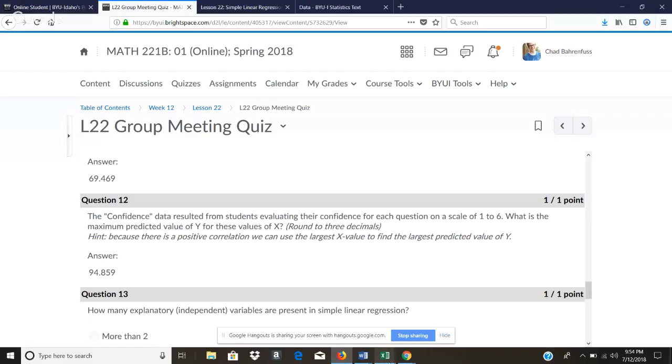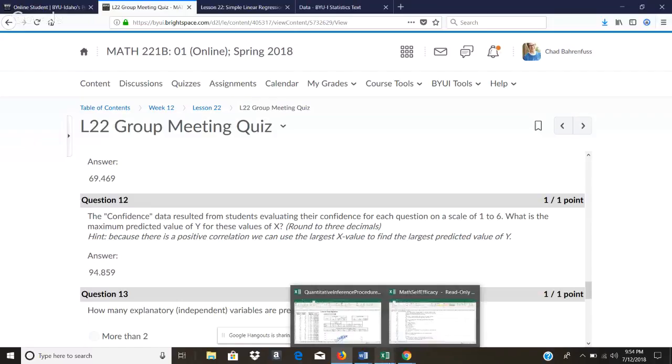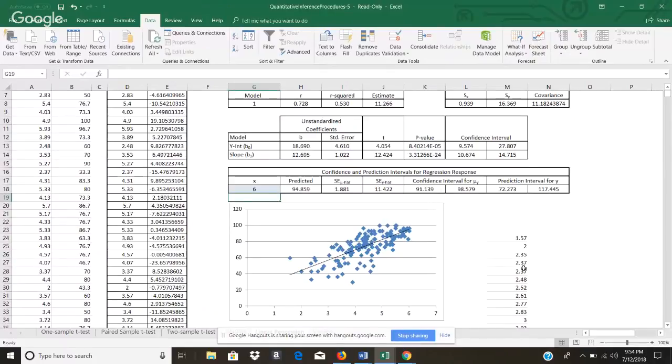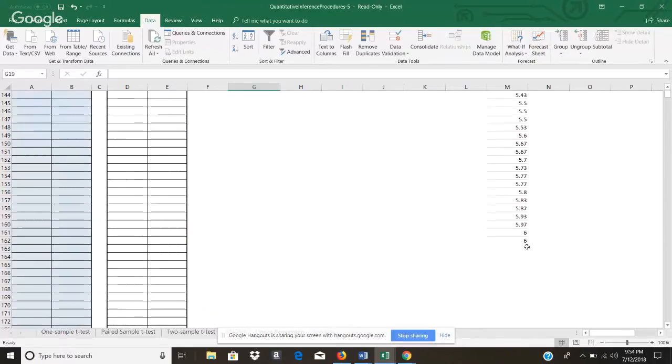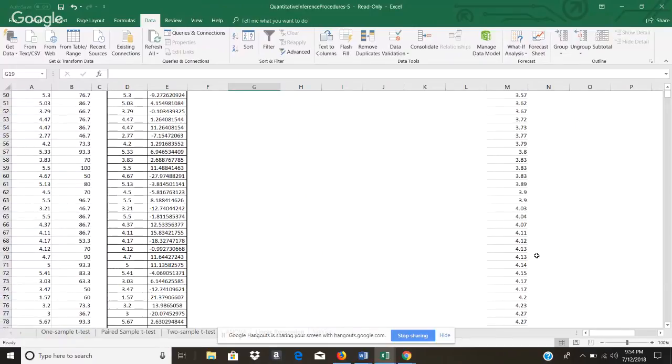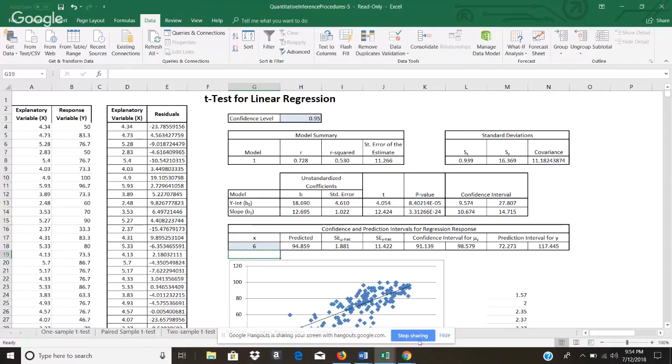What I actually did was interesting. I took the explanatory variable, the x variable, brought it down here and sorted it, went to the bottom, and found that the maximum value was 6, and that's when I plugged it in and got that answer. That's how I got 94.859. Oh. I wasn't sure how to do it, and then I looked at the question again.